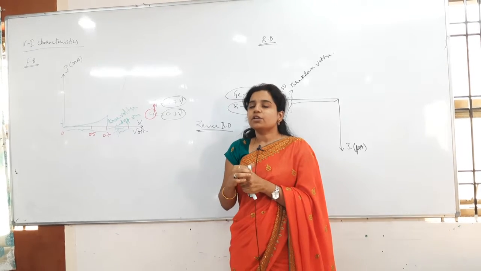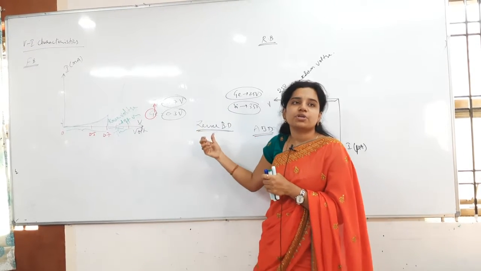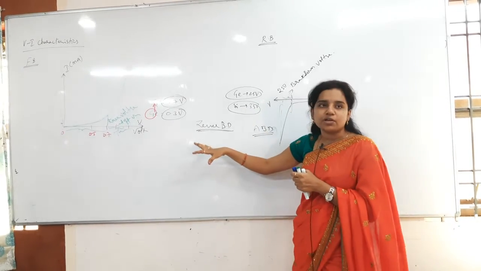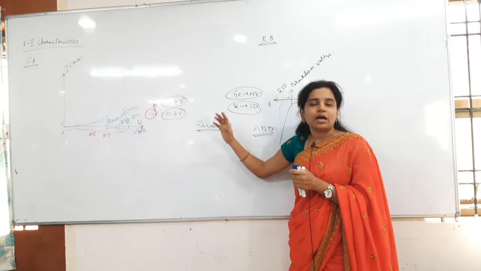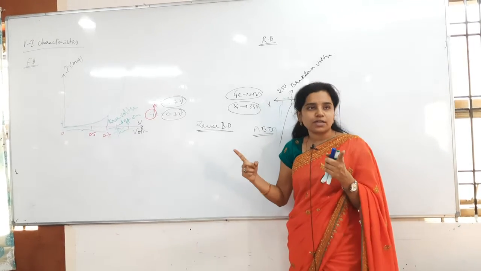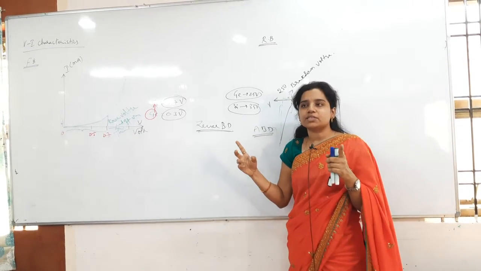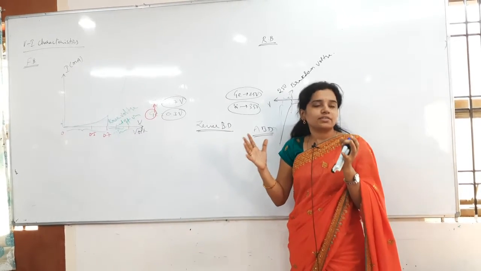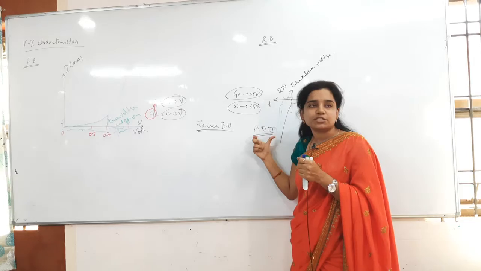Collision will be there. Due to that collision, avalanche breakdown will come. Clear? Due to breaking the covalent bonds, Zener breakdown will come. After breaking the covalent bond, all are free from each other and they are moving randomly. At that time they will collide with each other. That breakdown is known as an avalanche breakdown.